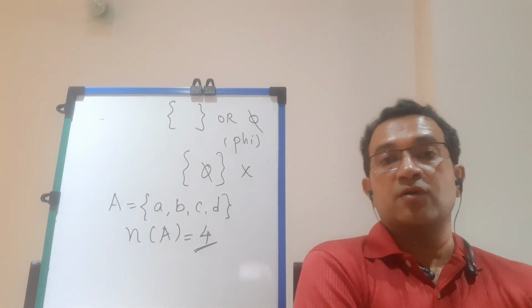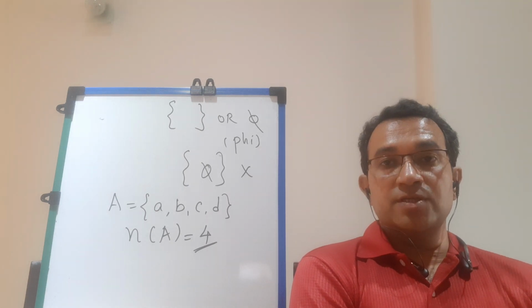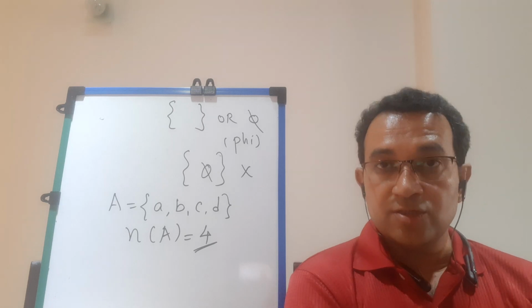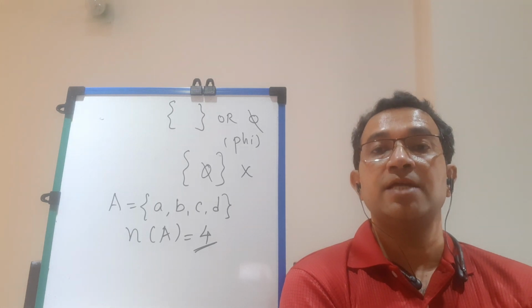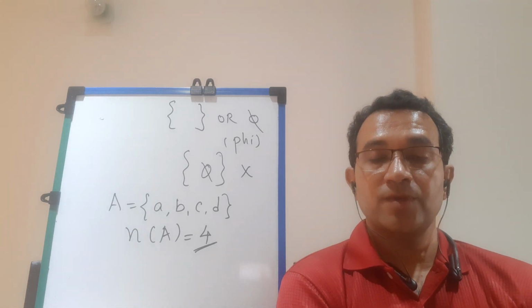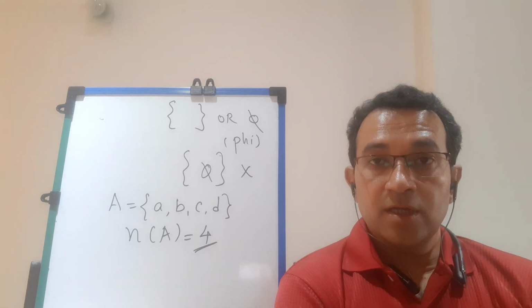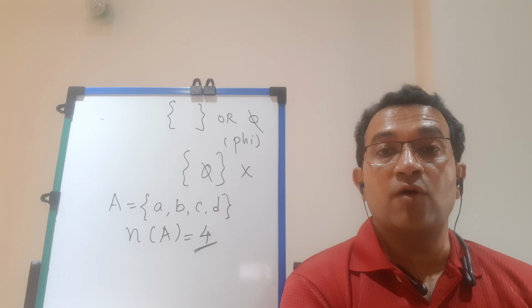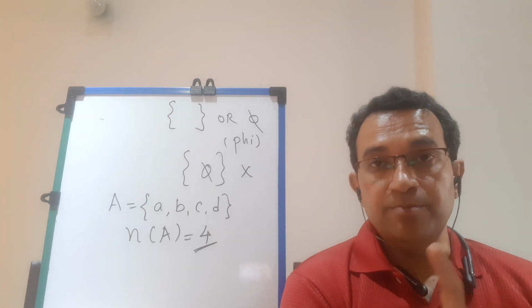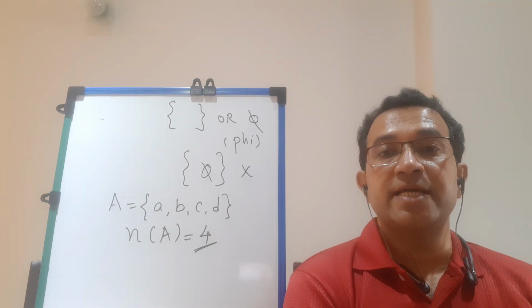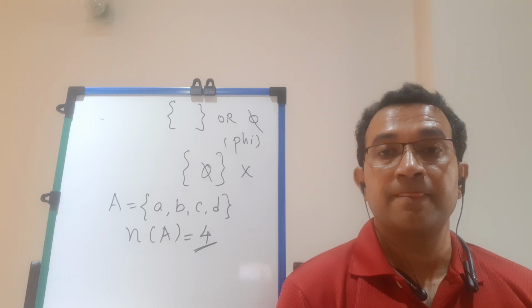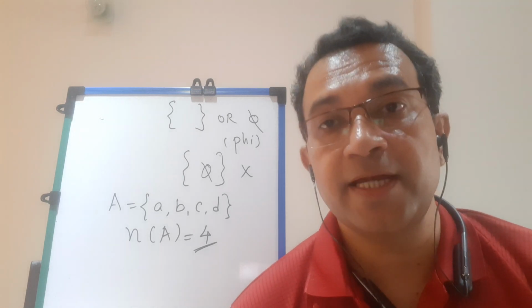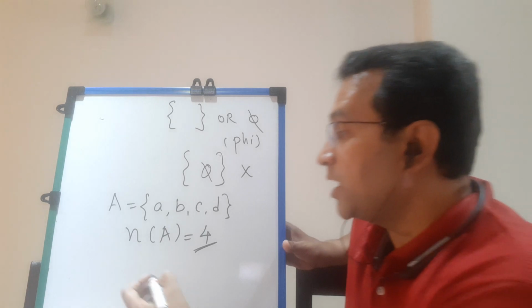But if I say set of odd natural numbers, which is 1, 3, 5, 7, 9 and onwards, then this set is an infinite set. So be very careful. Students, number of elements of any set is denoted by n of A. If it is set B, then n of B, set C, then n of C. Number of elements of a set is also called, students, cardinal number.